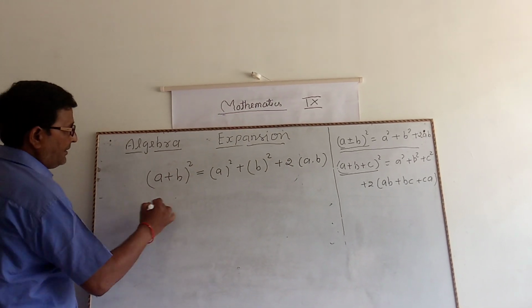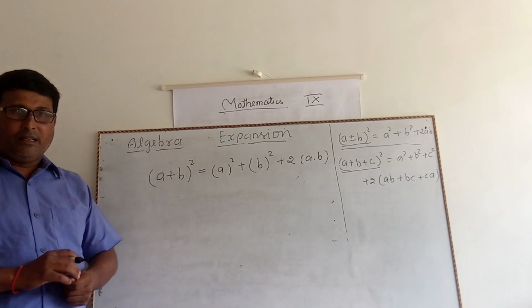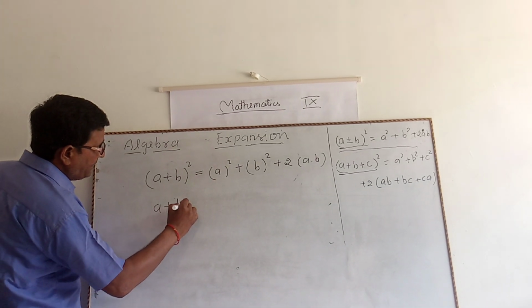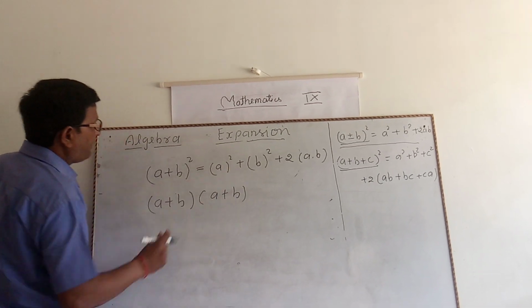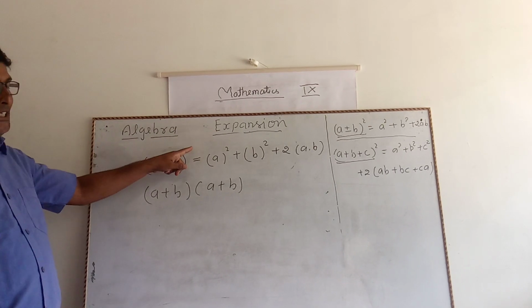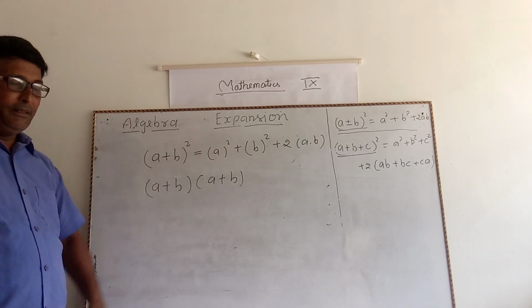Easy method. You know the multiplication of a binomial with another binomial. I am going to explain that one. a plus b whole square means a plus b multiplied by a plus b.